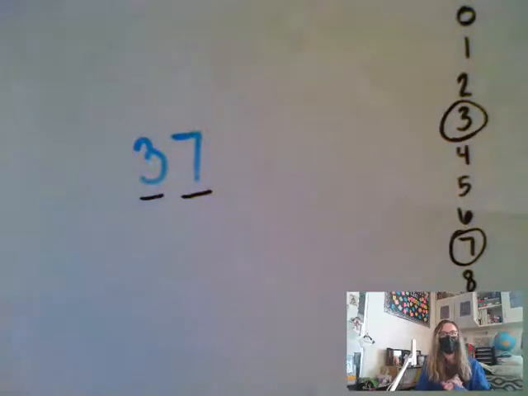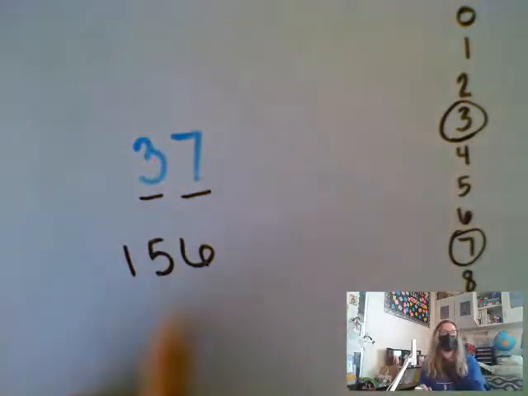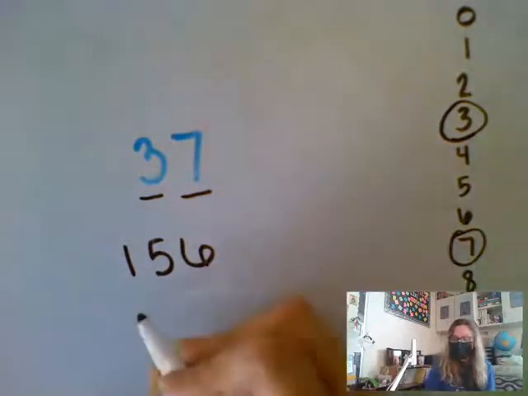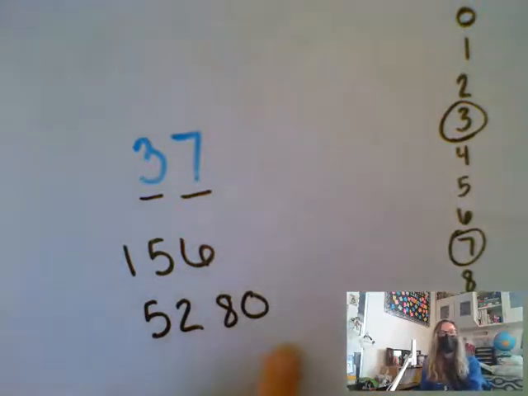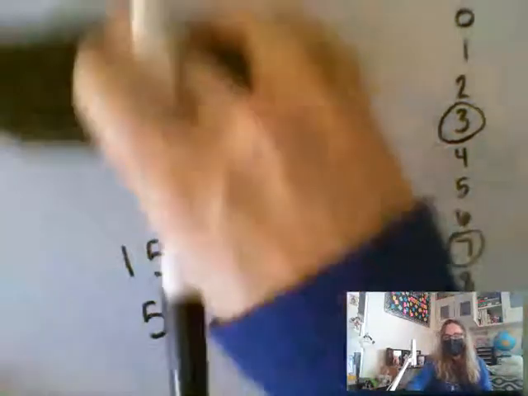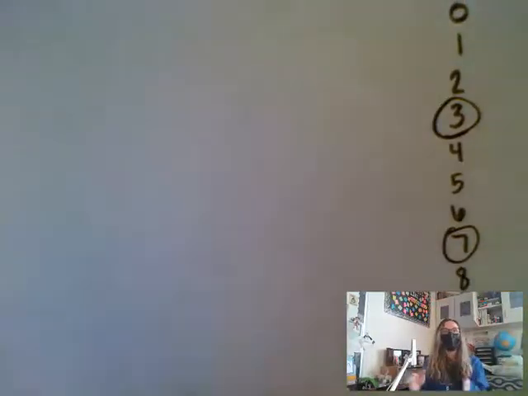Do you see that now, Jacob? If I have the number 156, that has 3 digits. If I have the number 5,280, that has 4 digits. So each time I have one of these individual numbers, it's a digit.